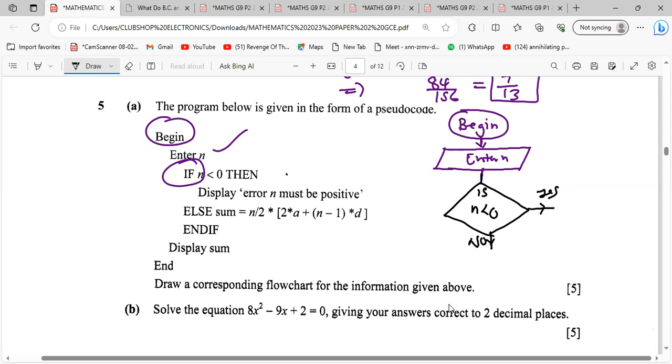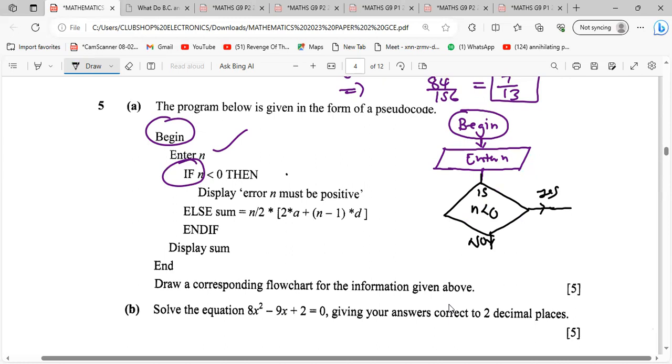So if it is less than 0, they are saying display error.